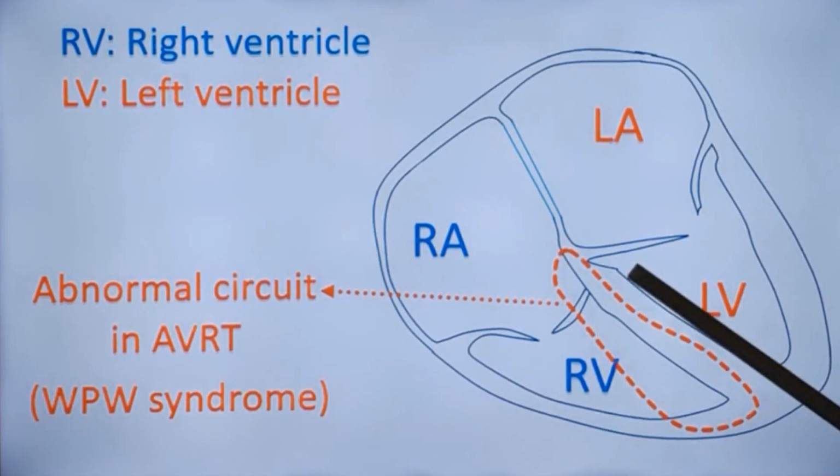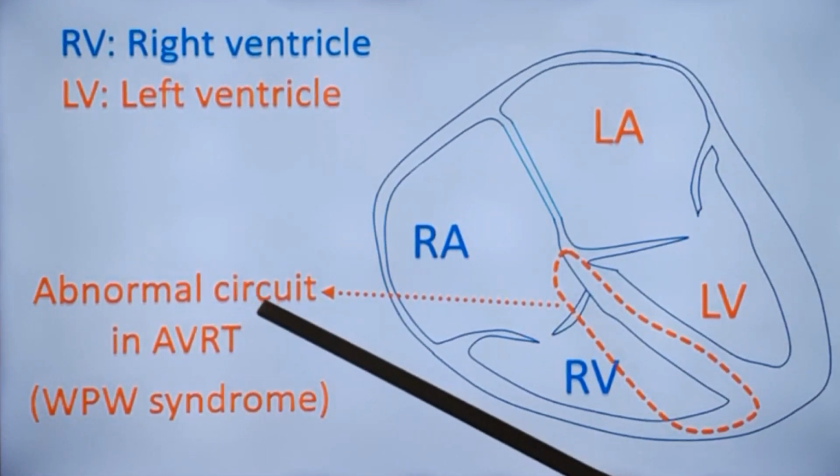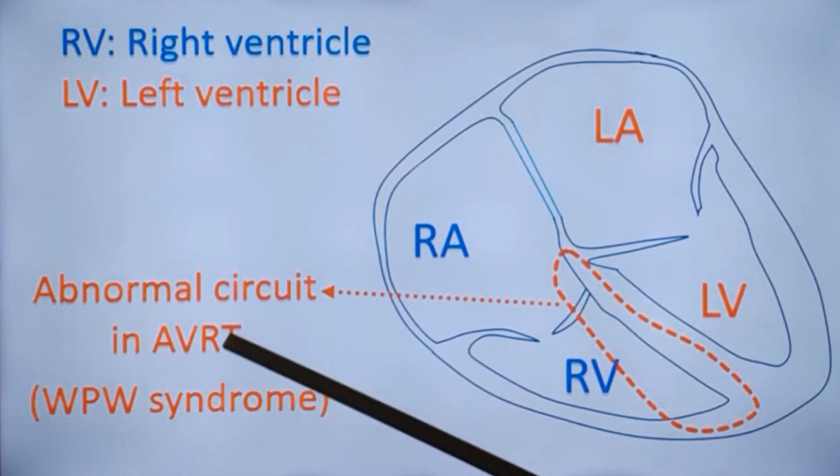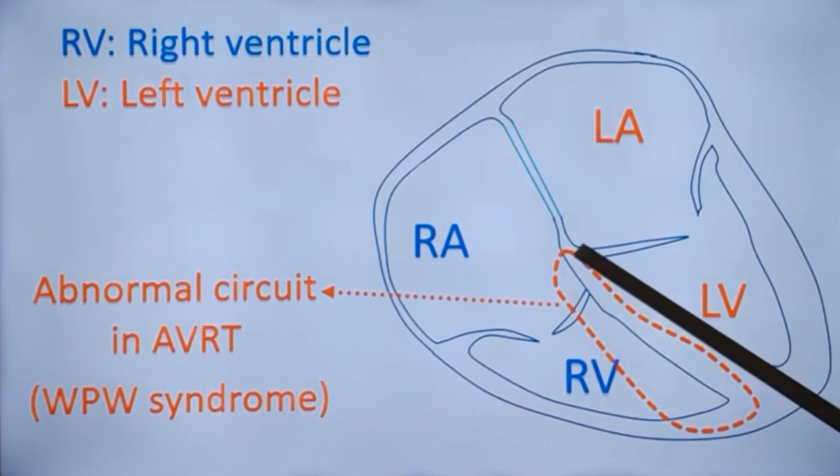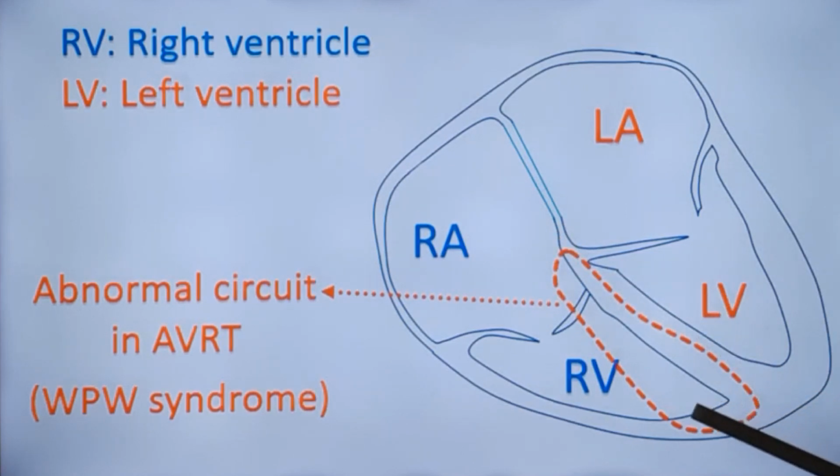This is depiction of mechanism of abnormal circuit in WPW syndrome, atrioventricular reentrant tachycardia. There are two pathways, one the normal AV nodal pathway, another is the accessory pathway. For simplicity, I have put only one pathway, but there could be other pathways also, lateral pathways, posteroseptal, septal.